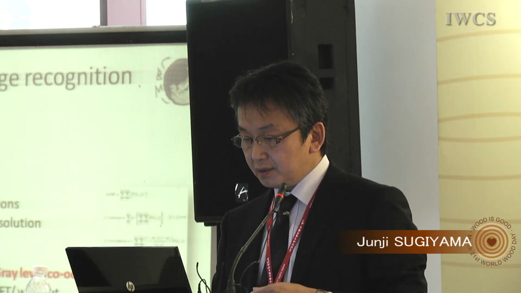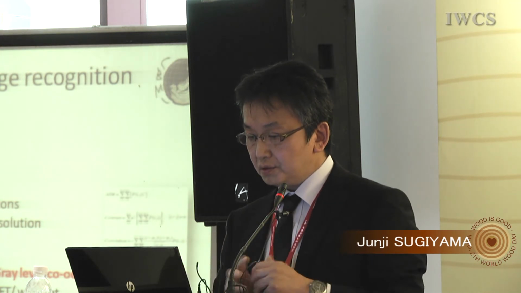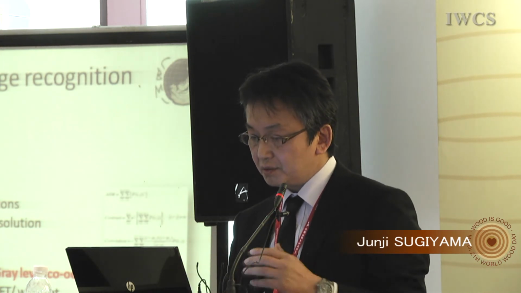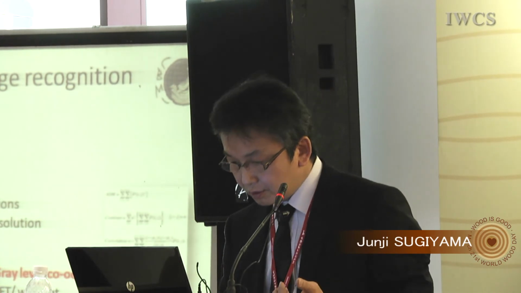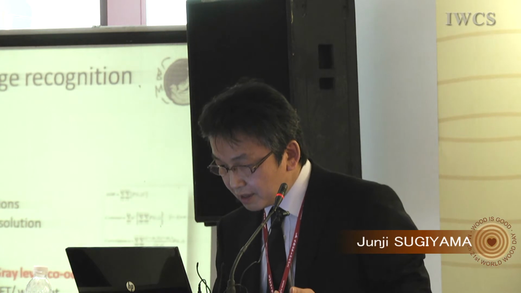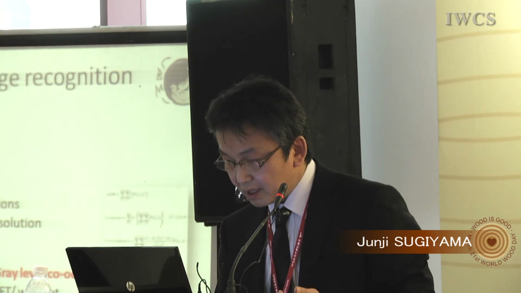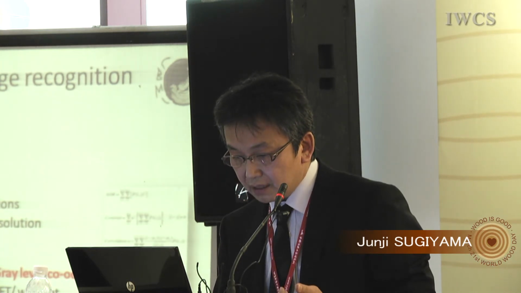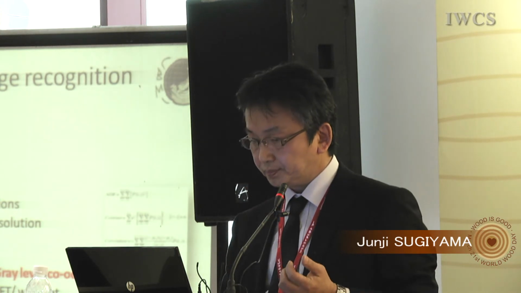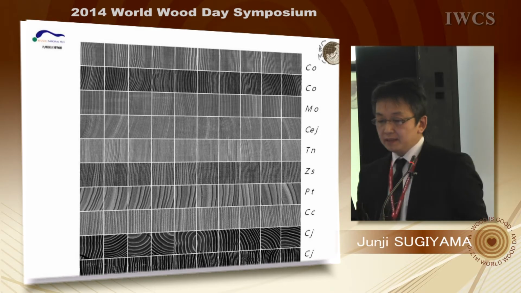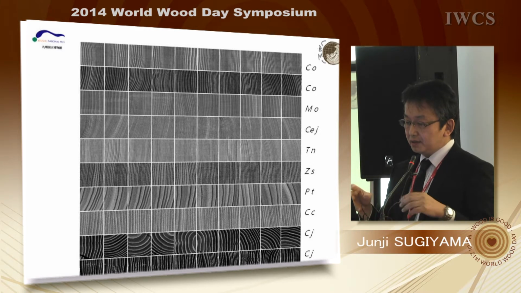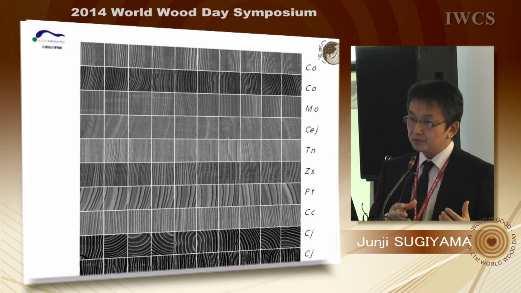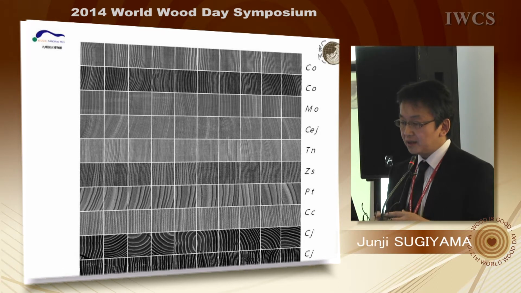I'm not going to detail this process, but I would like to talk a little bit more about the Gray level co-occurrence matrix that I'm using and these samples. The samples that have been investigated are those frequently used in wooden statues and wooden artifacts.